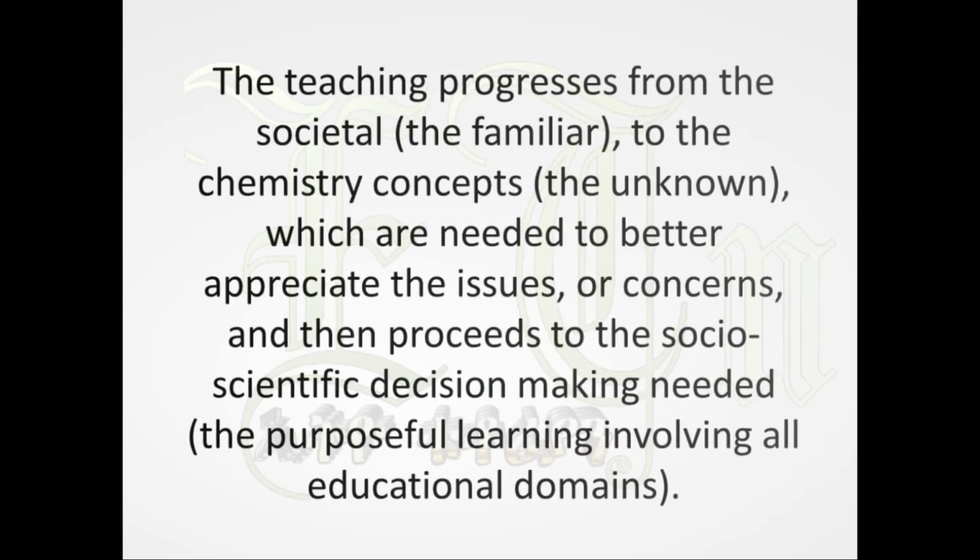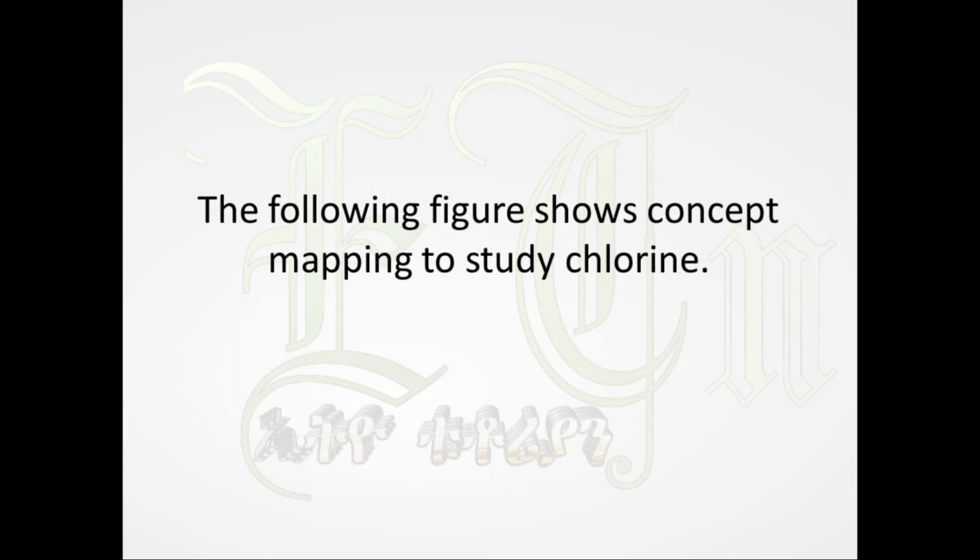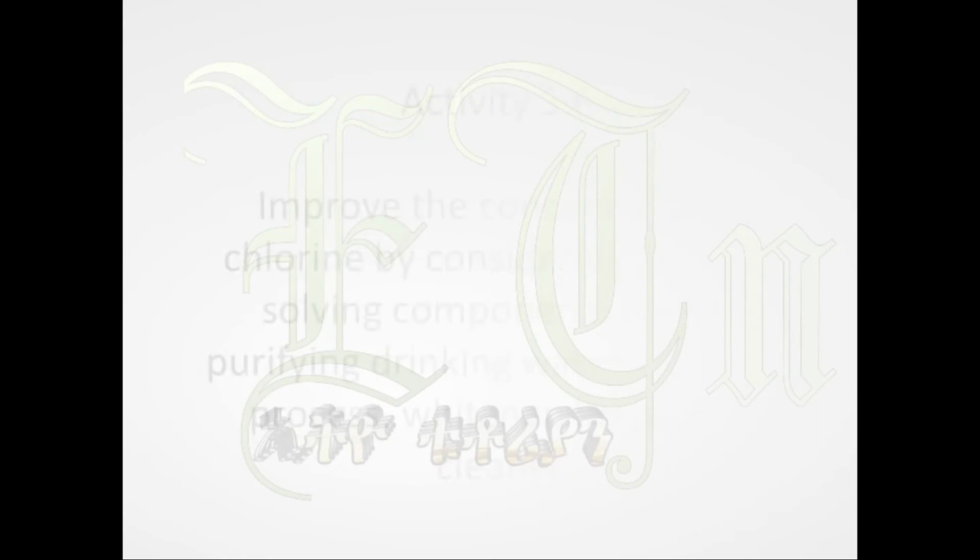The teaching progresses from the societal and the familiar to the chemistry concepts, the unknown, which are needed to better appreciate the issues or concerns, and then proceeds to the socio-scientific decision-making needed, the purposeful learning involving all educational domains. The following figure shows concept mapping to study chlorine.